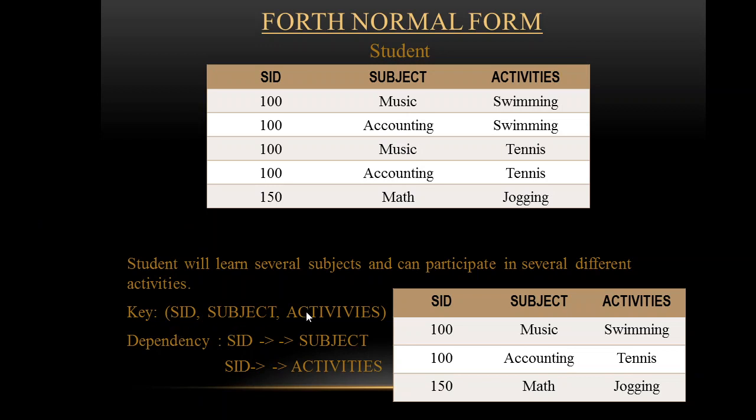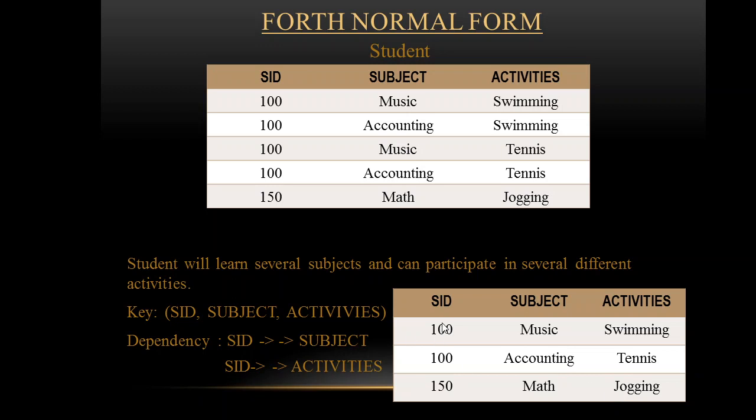Now we will assume that student ID 100 is having subjects music and accounting, and at the same time he is participating in swimming and tennis activities. Similarly, student ID 150 is having subject maths and he is participating in activity jogging.